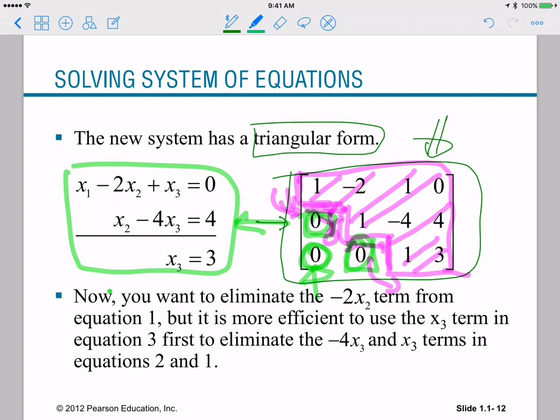So looking at the third equation, we simply know x3 is 3, right? And then what about x2? What is the value of x2? Yeah, it's 16. And how did we obtain that value? We just simply plugged this x3 into here, right?